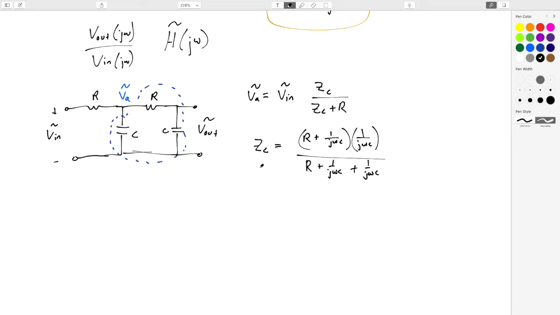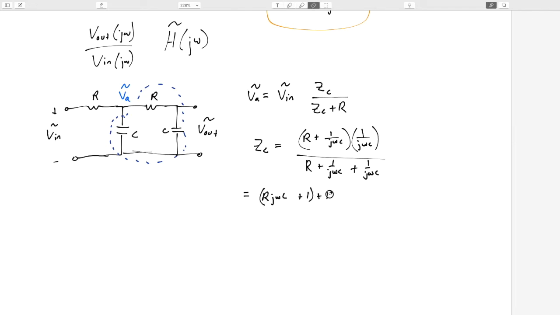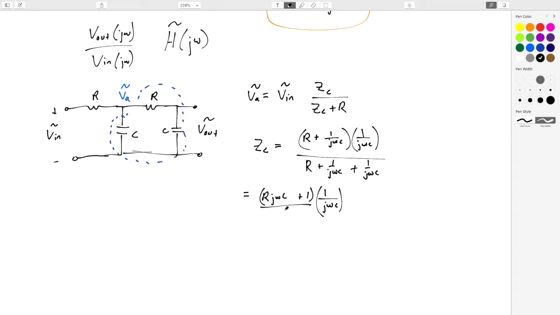So that would mean this becomes R j omega C plus 1, times 1. Okay, and then I guess we could just do R j omega C plus 1 over j omega C. Okay, I'm liking this so far.